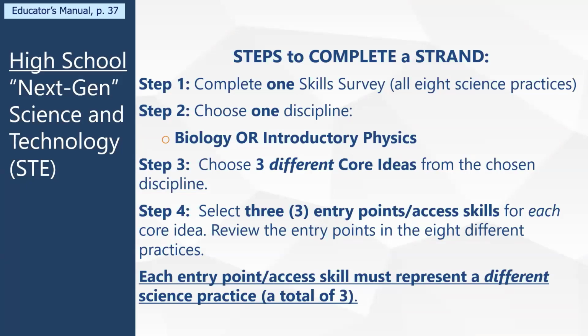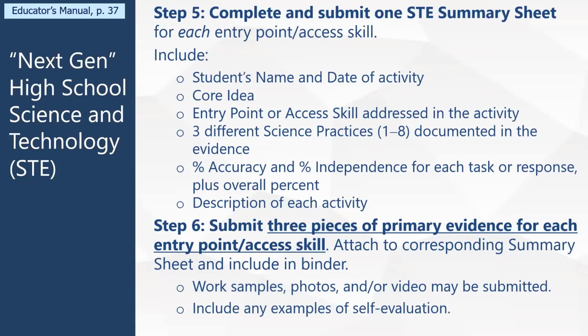But what's different about this is that you are going to choose 3 different core ideas from that discipline. So if you choose biology, you're going to have underneath that 1, 2, 3 core ideas. Then you're going to have next to each core idea 3 entry points or access skills. Then you're going to have 3 different science practices, one for each of those entry points.